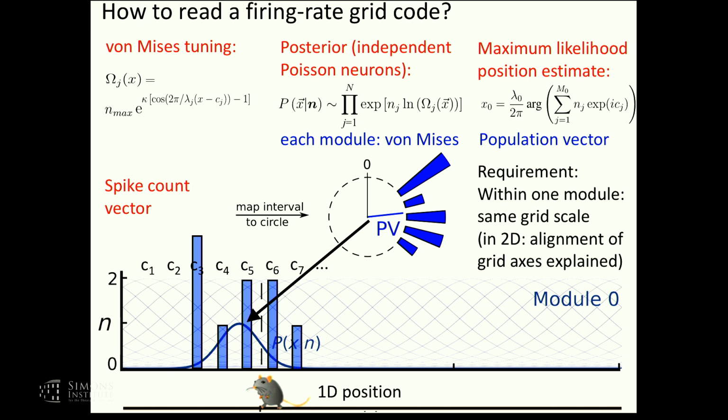That's in 1D, and if you extend the argument to 2D, it means that the directions have to be aligned, because if they are not aligned, if you project to the x or y axis, you would get different circumferences, and then population vector decoding would not work. So the argument goes as follows: if you want to do population vector decoding, you'd better have grid cells arranged such that they fall into classes with aligned orientations and identical periods.